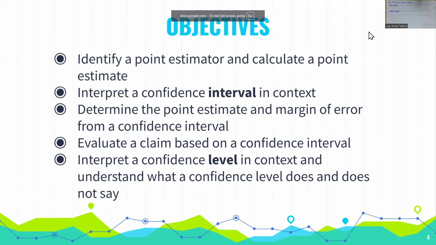Here are our objectives, and none of these things are going to sound like they make any sense right now. This is one of the sentences, with the bolded word interval, and this is the other sentence, with the bolded word level. It's going to be my job in the next 3 weeks to make sure that you know the difference between those two things and know which sentence goes with which.